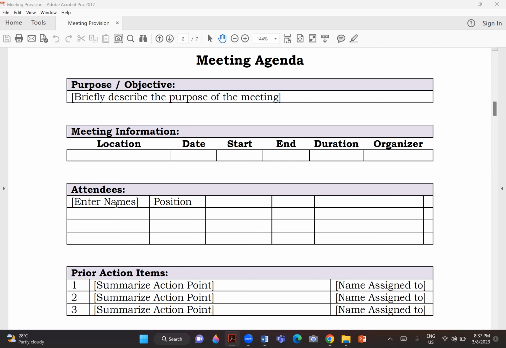So for instance, if I am calling for a meeting to discuss a policy, it's a must that all people involved in implementing this policy are attending. So the names are not as important as the positions.